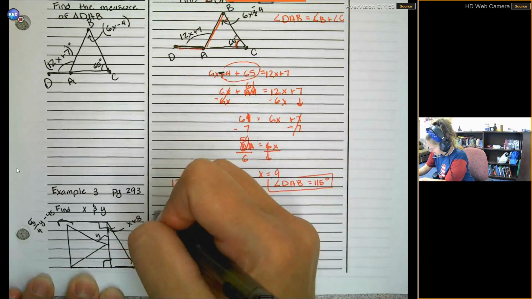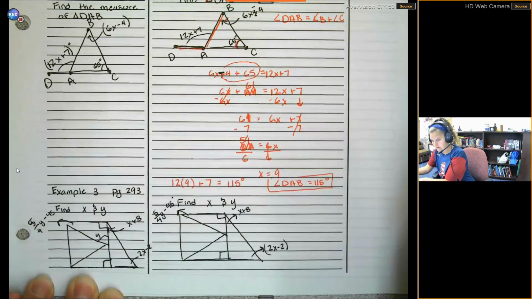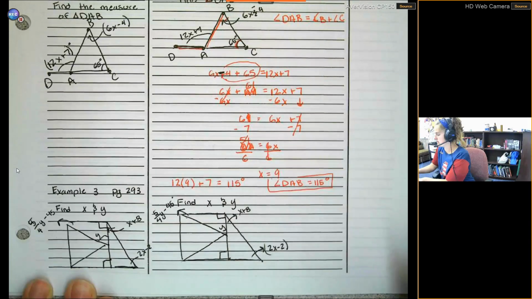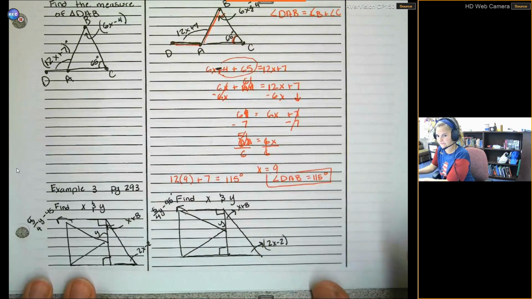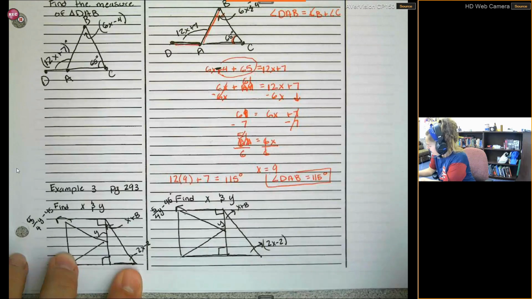This triangle is 5 over 4 y minus 45. And this is y. Alright. How are we going to do this? The little one at the top gives you the most information.